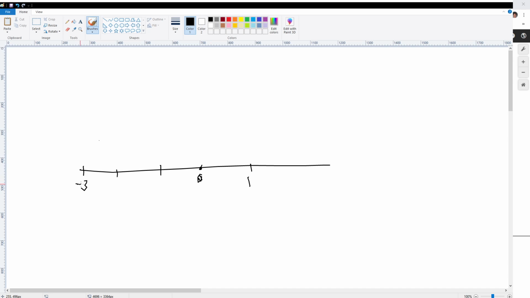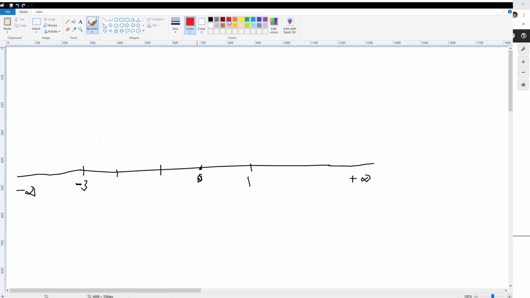These are our assigned critical points. Going to the left, we have negative infinity. Going to the right, we have positive infinity.